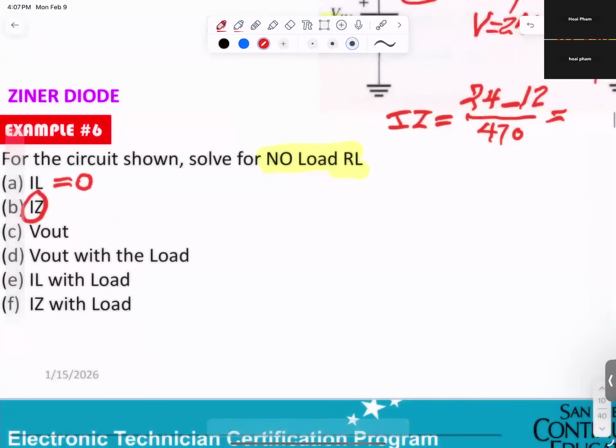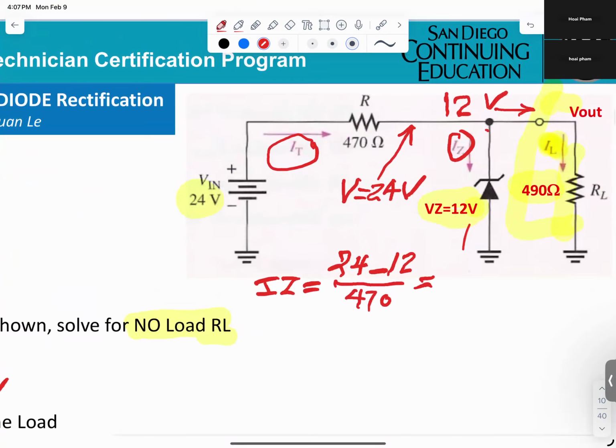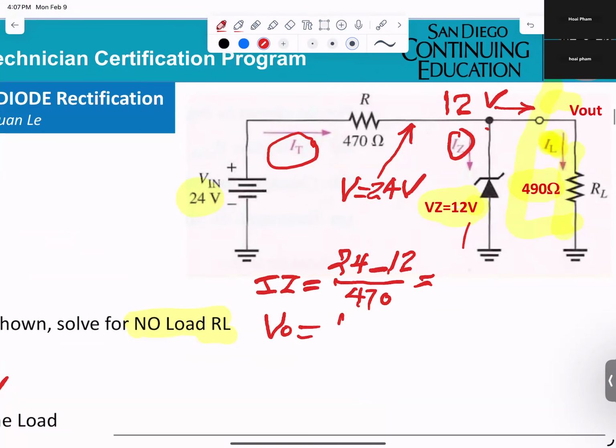Okay, the answer we already have: V out is 12 volt. Now V out with the load. Now you have the load, you can calculate the V out, IL, RL.